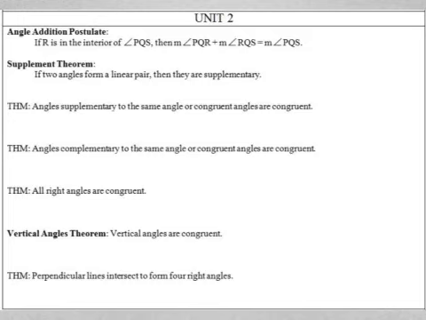One of the theorems that we've used in Unit 2 is the vertical angles theorem, which, by the way, I'm not sure if your version of the reference page has that name in there. You might add the name vertical angles theorem to it if it's not there.